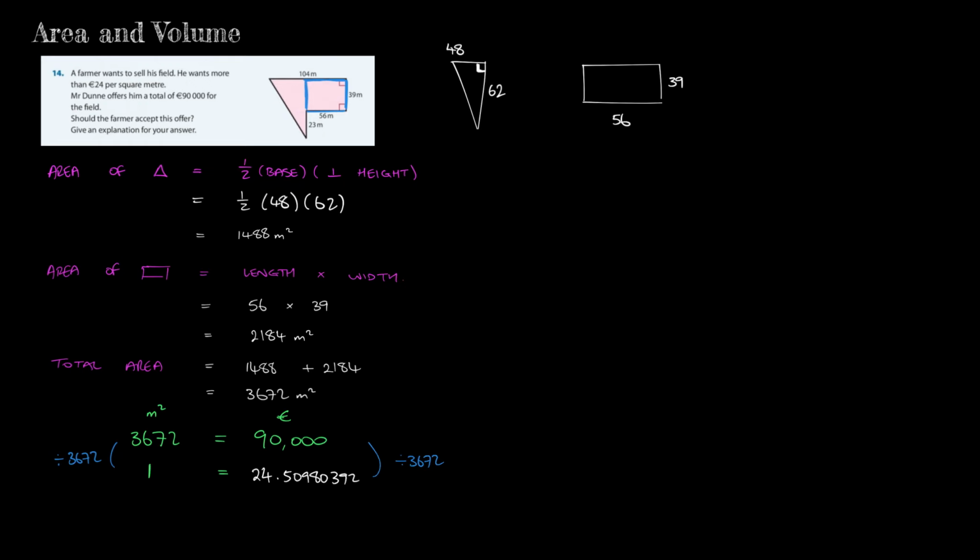So for every square meter, he's been offered 24.5 euro, you could say. So should the farmer accept this offer? In this case, it looks like he'll get more than 24 euro per meter. So the answer to this will be yes.